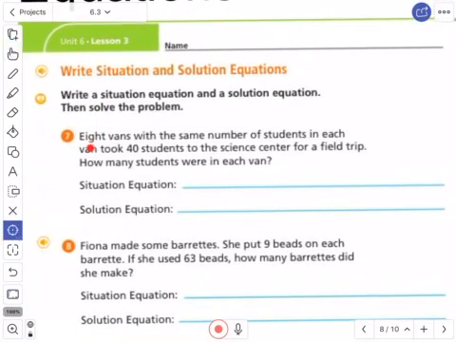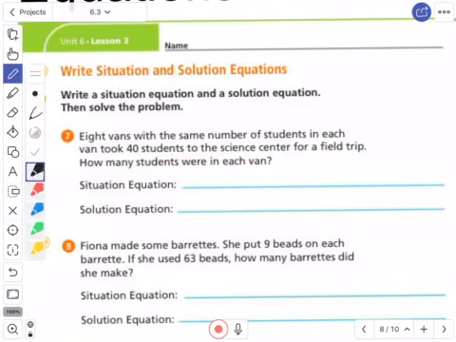Okay. 8 vans with the same number of students in each van took 40 students to the Science Center for a field trip. How many students were in each van? I'm going to go back and underline some.